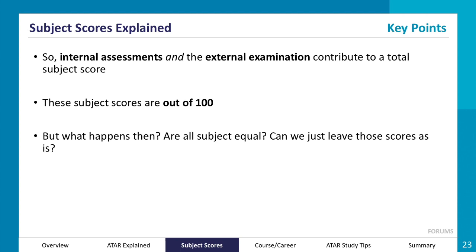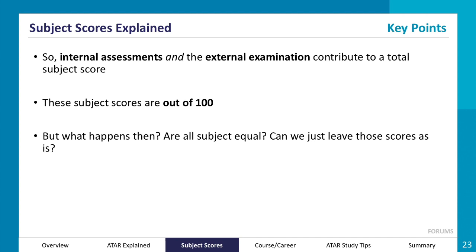Or vice versa, don't worry too much about the external exam, it's all about the internal assessments. But as you can see from the actual weightings, in some cases they're exactly equal, and in other cases there's a 75-25 split. But irrespective of what subject it is, both internal assessment and external assessment matters to a degree.